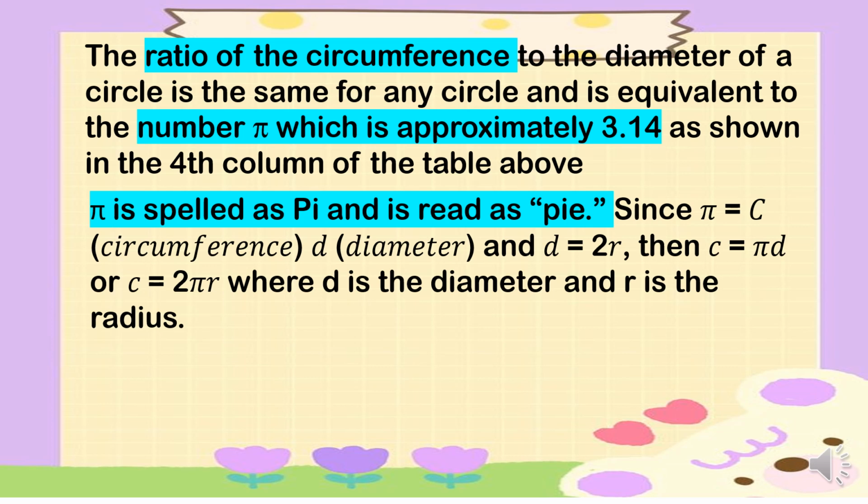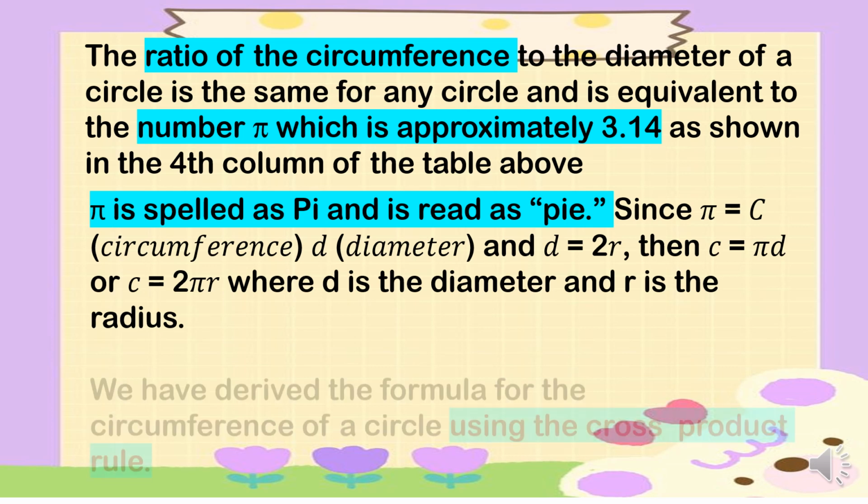Then the formula is C equals pi D, or it can be C equals 2 pi r, where d is the diameter and r is the radius. Okay, so if the given problem is radius, then you will use C equals 2 pi r. But if the given is diameter, the formula that can be used is C equals pi d.